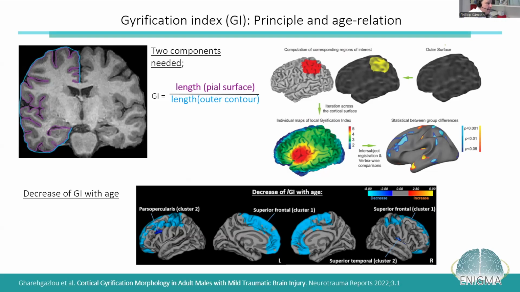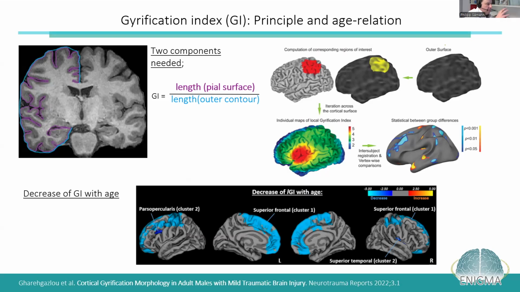So the higher this ratio is, the more folded and the more complex the folding pattern is. And the lower this value is, the less folding you have.